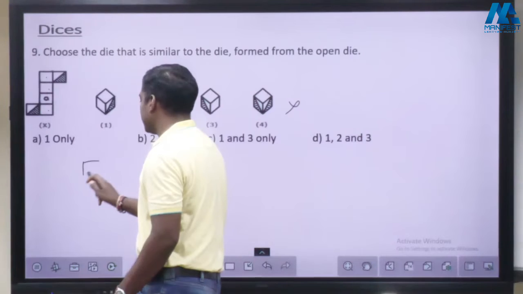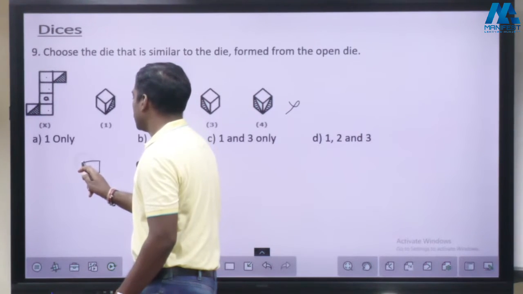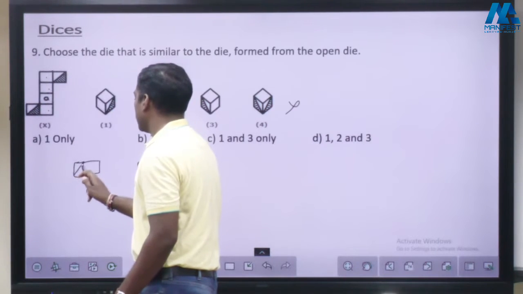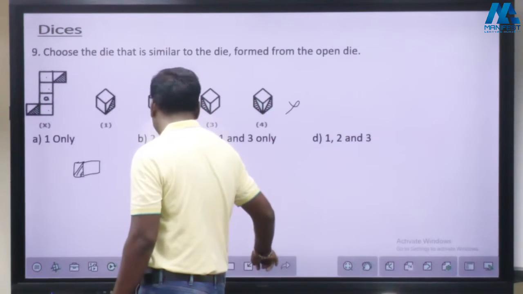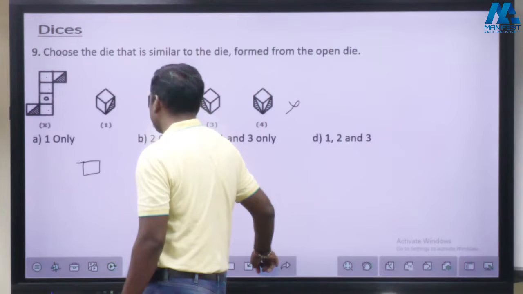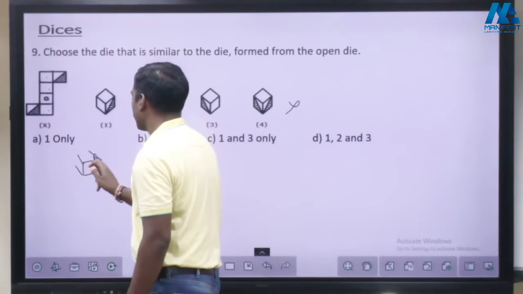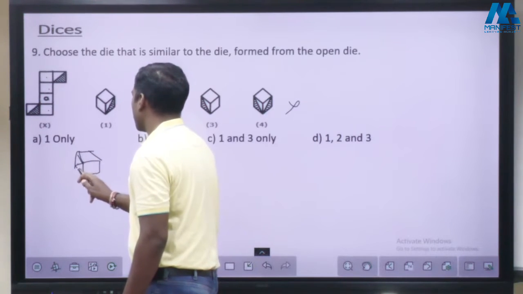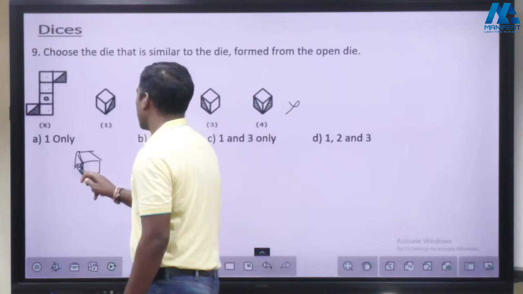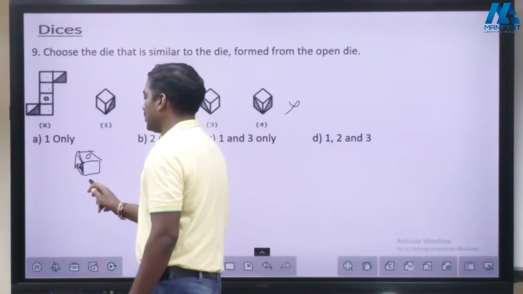I am saying like this. And this is like, and in the bottom there will be a blank.